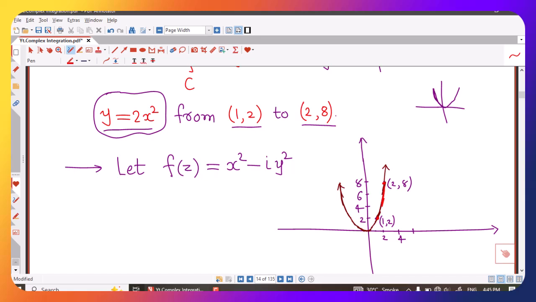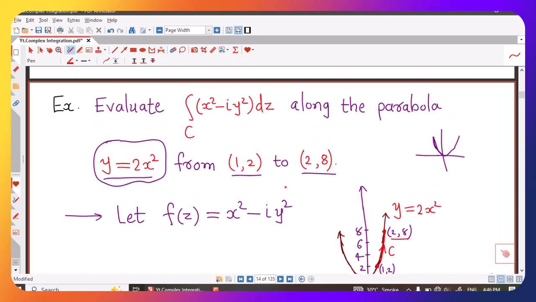So this part of the parabola is the curve C, along which we want to integrate this function x square minus i y square. You need not sketch the curve given in the problem, but this is just for understanding that we are integrating along this part of the parabola between the points (1, 2) and (2, 8).